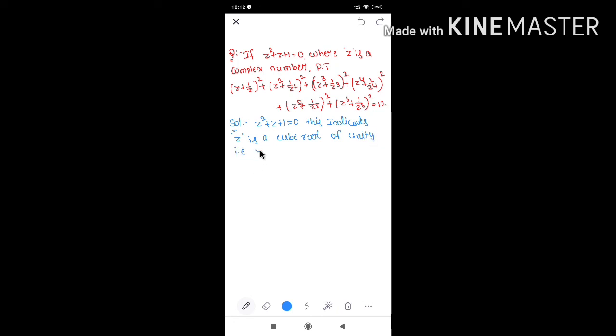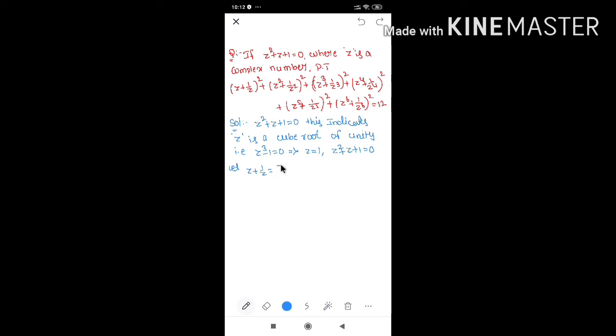That is, z cube minus 1 is equal to 0, which implies z is equal to 1 or z square plus z plus 1 is equal to 0. So we need to calculate the value of z plus 1 by z.